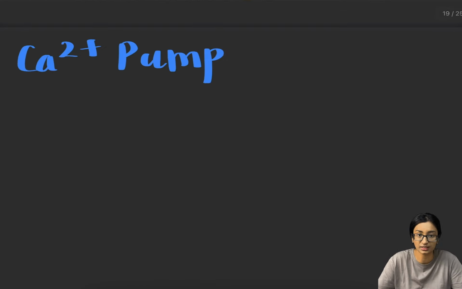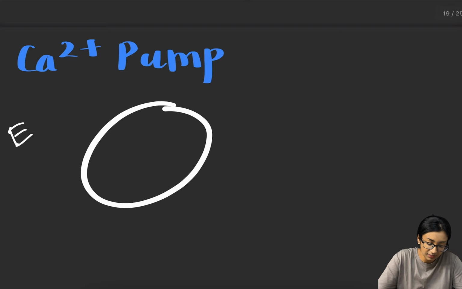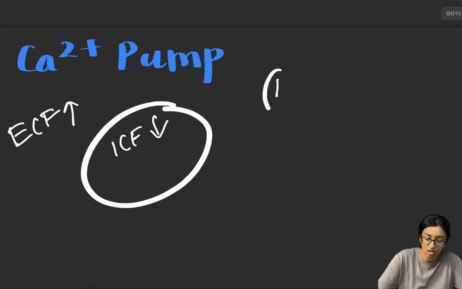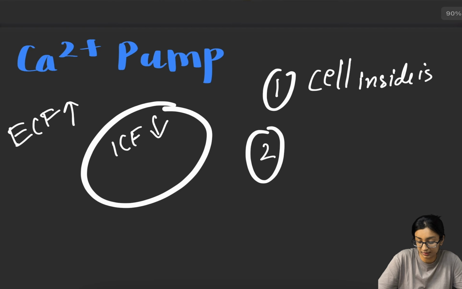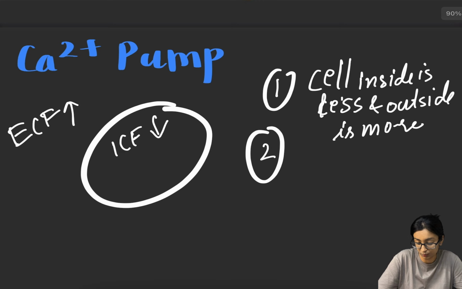The next is the calcium pump. Once again, in ECF it is more and in ICF it is less. So there are two conditions in which it will work: the inside of the cell is less and the outside is more. And second, it can happen in intravesicular organelles, for example in the sarcoplasmic reticulum and the mitochondria.